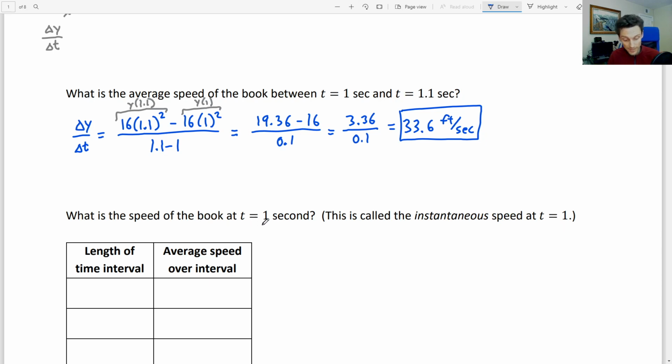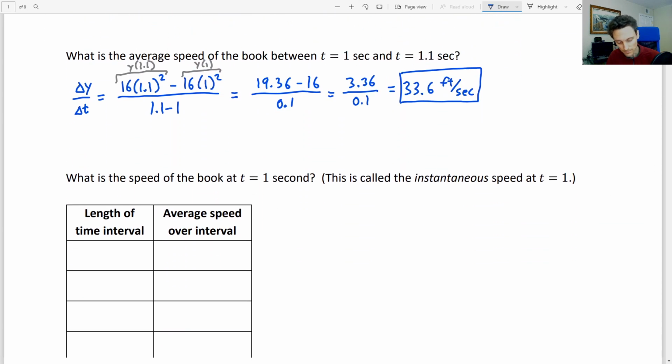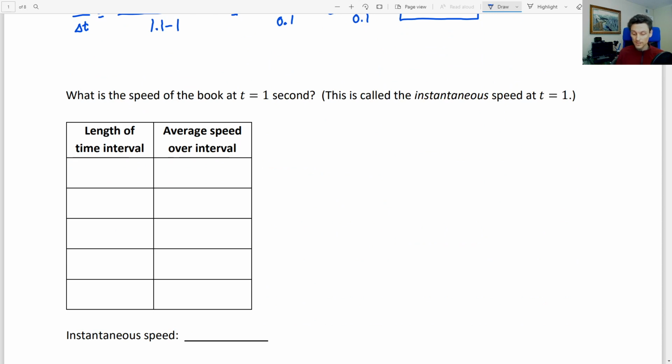So we're looking for the instantaneous speed of this book, given that we know the height function. Well, one approach to figuring this out is to look at what happens when you take the average speed from t equals 1 to t equals another value that's kind of close to 1.